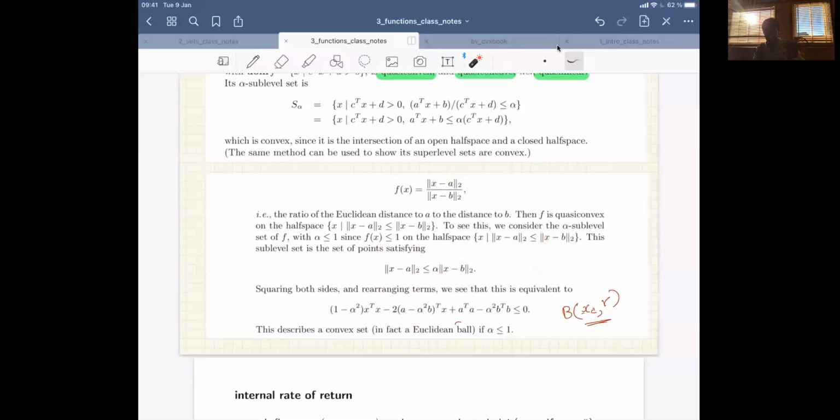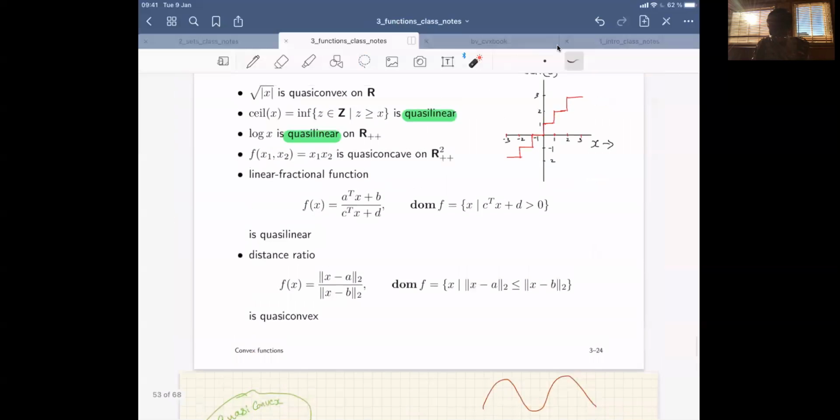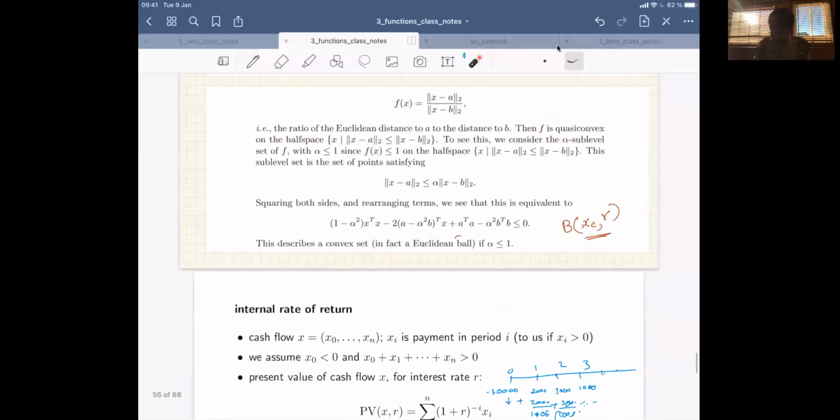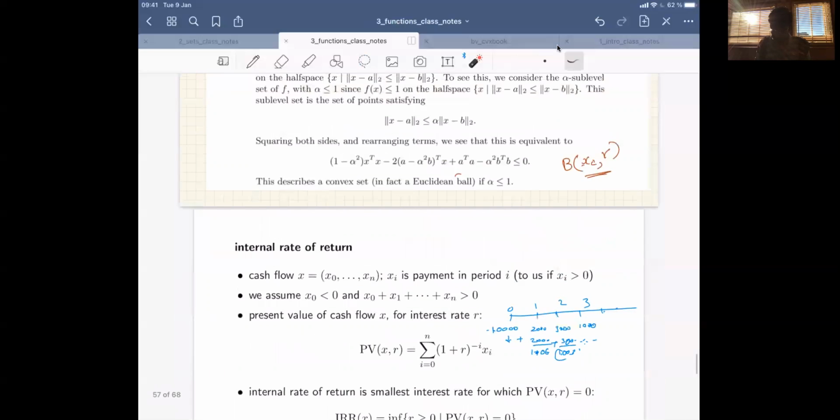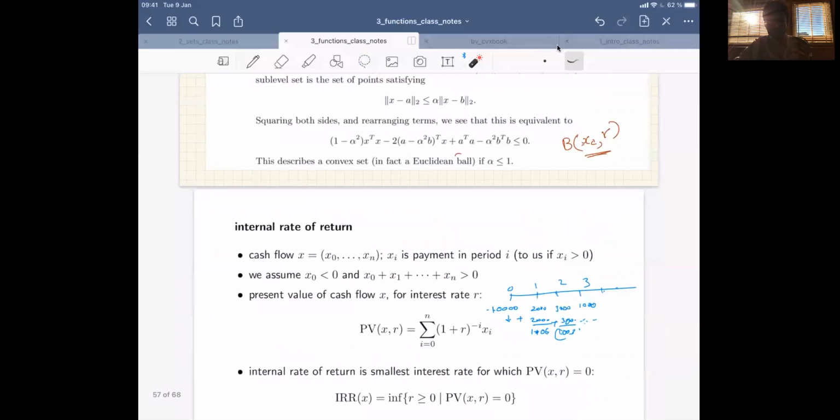So that is quasi-convex, not quasi-concave. To see that, you just need to rearrange this and see what the radius and center are, and try that for alpha greater than 1. Then you will fail to get a Euclidean ball. That's okay. So maybe let's take a small break here.